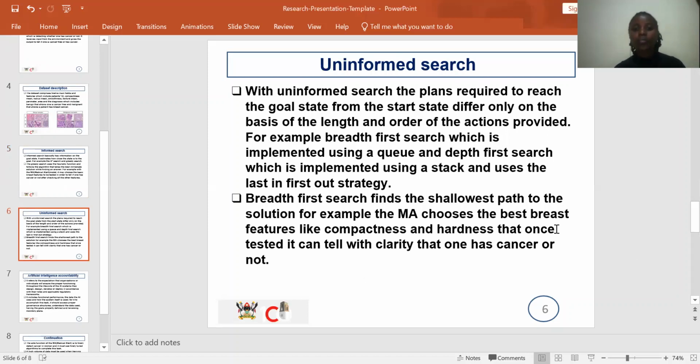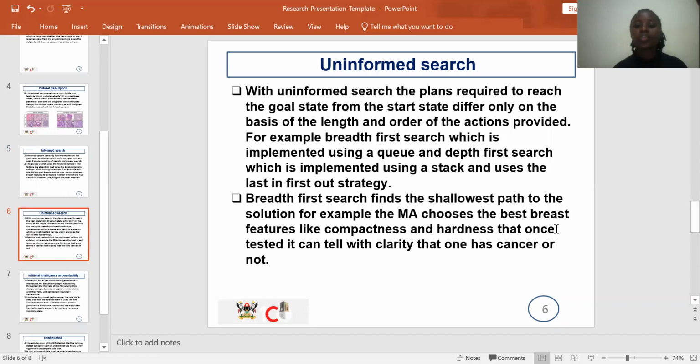And if we go ahead with uninformed search, the plans required to reach the goal state from the start state differ only on the basis of the length and order of the actions provided. For example, breadth first search, which is implemented using a queue, and depth first search, which is implemented using a stack and uses the last in, first out strategy.